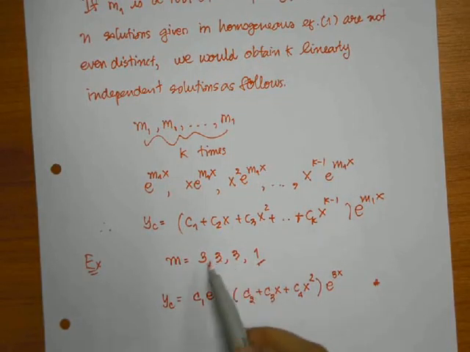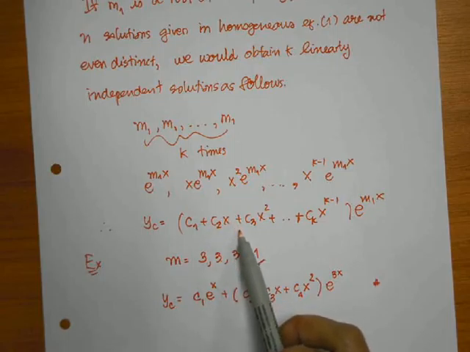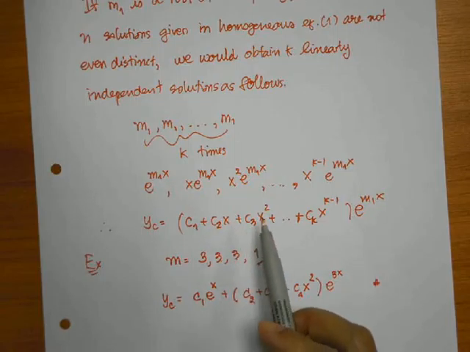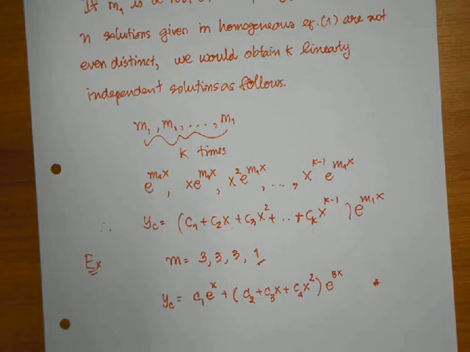You look at only the part that is repeated, and then you use this. Any root which is not repeated, you use case 1. Any roots which are repeated real roots, you use case 2. Okay?